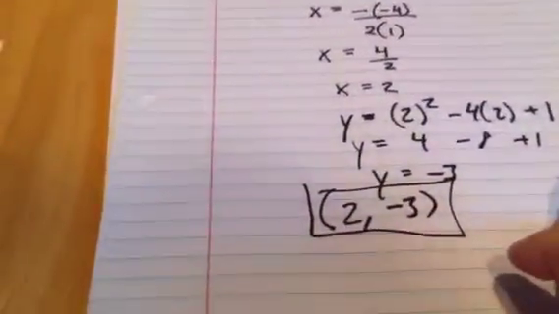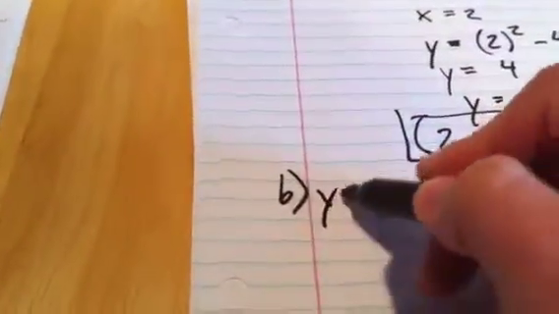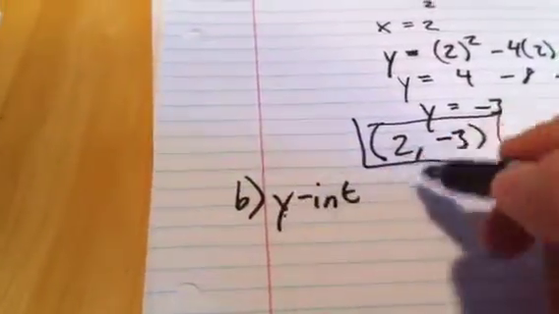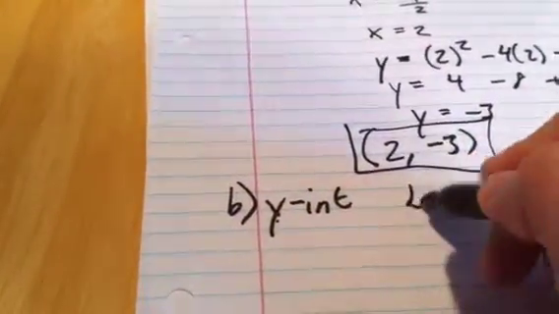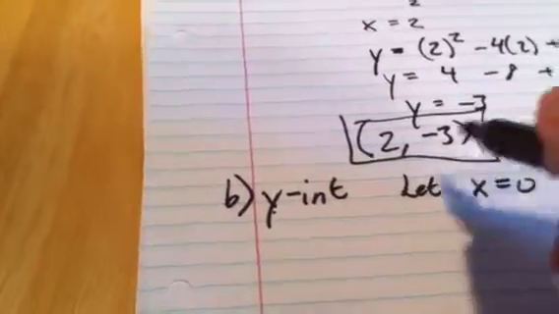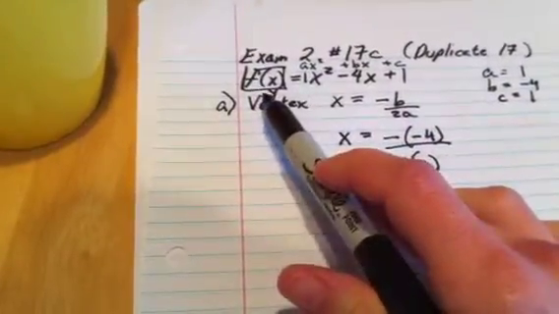There's my vertex. Okay, so for the next step, he wants the y-intercept. And you can always, always, always find a y-intercept by letting x equal 0. So going back up to that problem, if x equals 0, we want to know what y is.